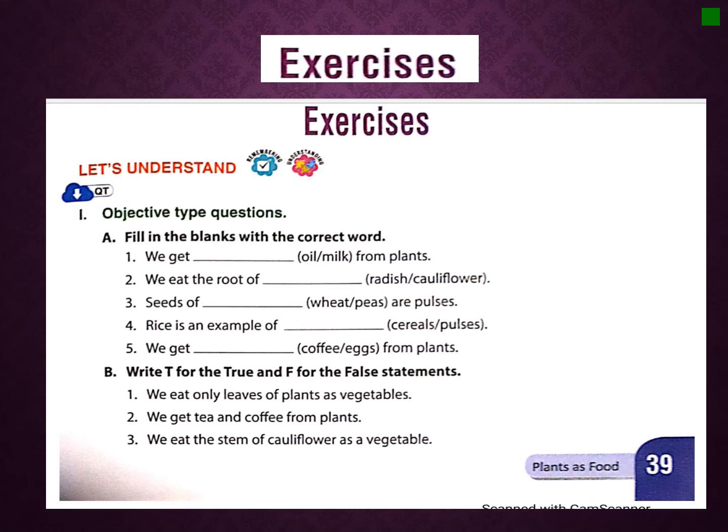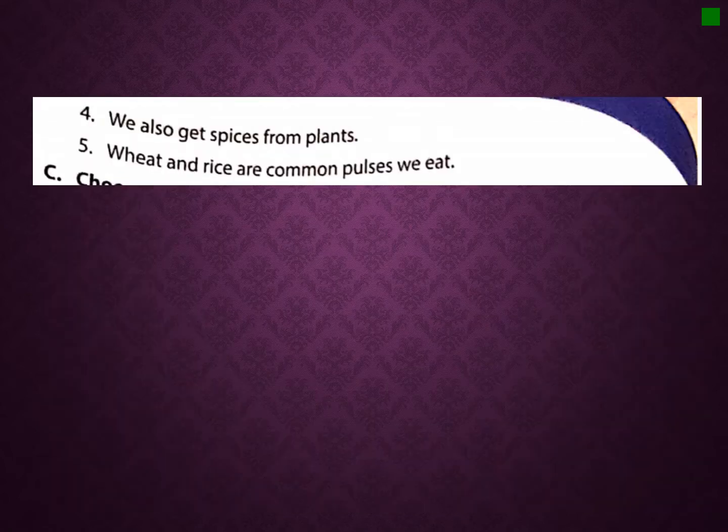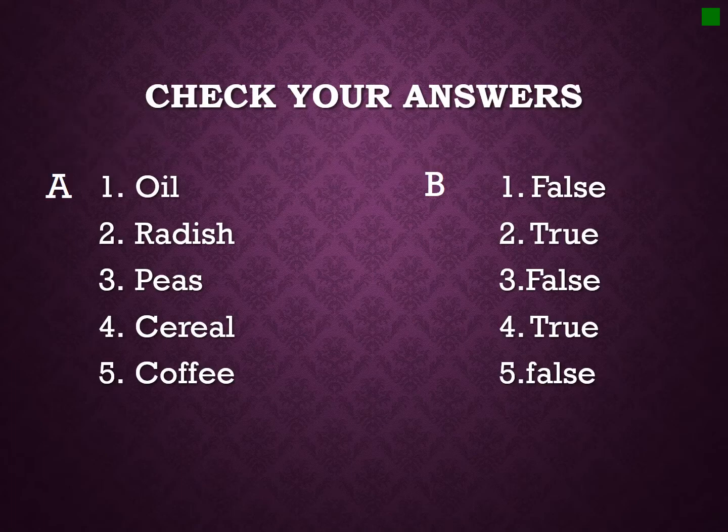We eat the stem of cauliflower as a vegetable. 4. We also get spices from plants. 5. Wheat and rice are common pulses we eat. So here you can check your answers.